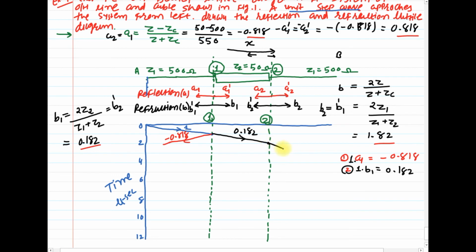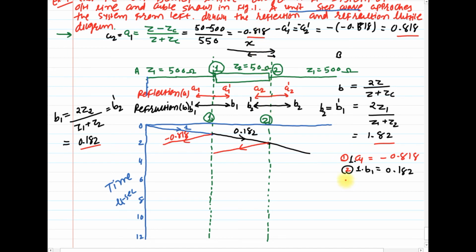Now at this point again there are two possibilities. The first one is refraction from this junction, and the second one is reflection over here. If it is reflected, then we have to multiply with a2. That means the magnitude of this 0.182 will get multiplied with a2.